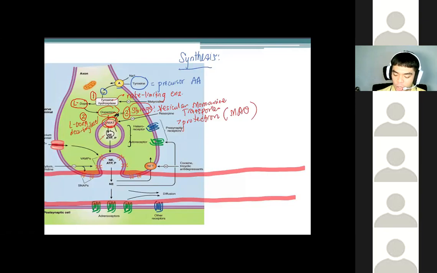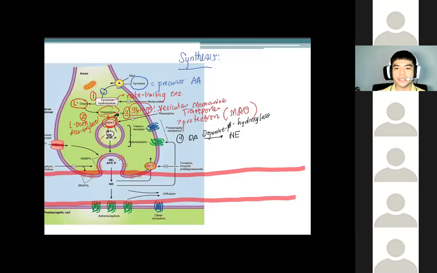So on the fourth step after storage, the dopamine inside the vesicle is converted to norepinephrine via another enzyme, and that enzyme is called dopamine beta hydroxylase.